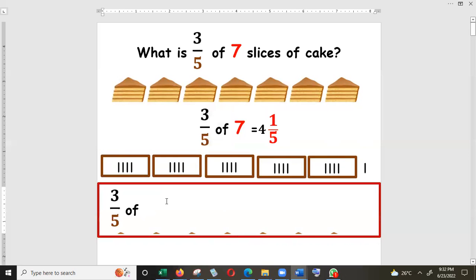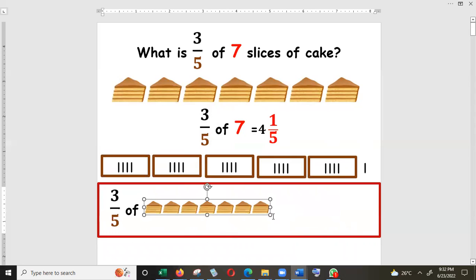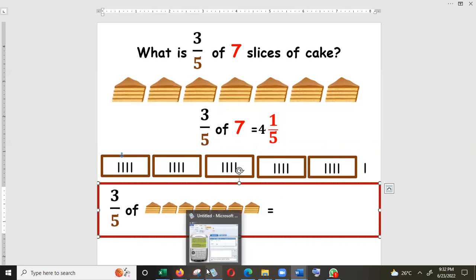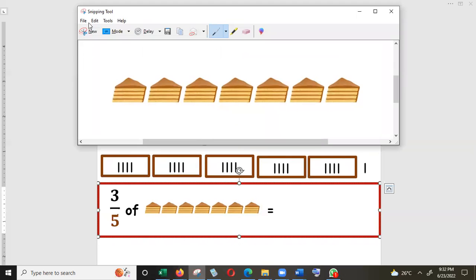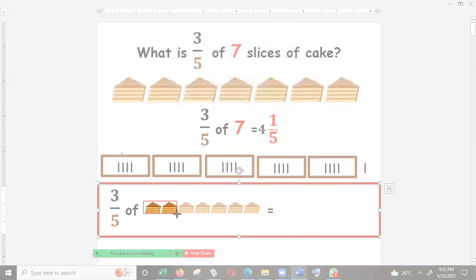here they are. So this will be equal to 4 whole pieces. So let's take 4 whole pieces here. 1, 2, 3, 4 whole pieces.